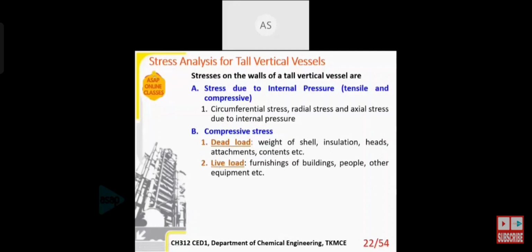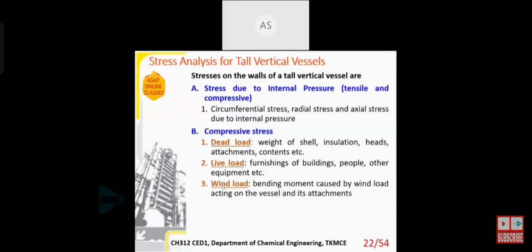Whatever equipment you design will be housed in a building or a structure, and the weight of that structure is live load. Then the people, the plant officers inspecting it, and other required equipment are also live load. For our design, we don't consider live load; we just consider dead load.